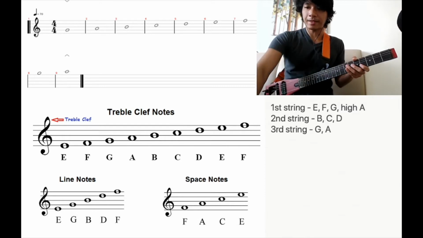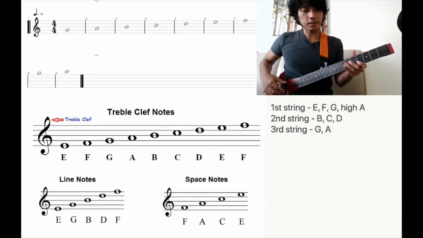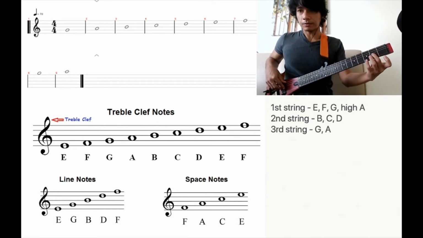The next note we have is the space note, and it's on the second space. Let's look at the reference. The second space, what note is that? That is the A note. Which A is it? It is the A on the third string, second fret.